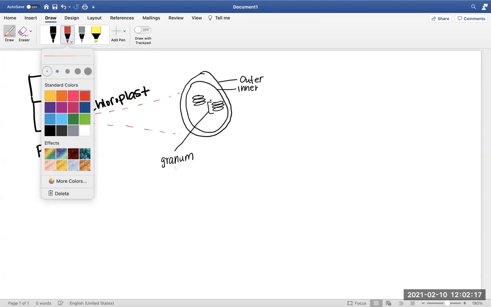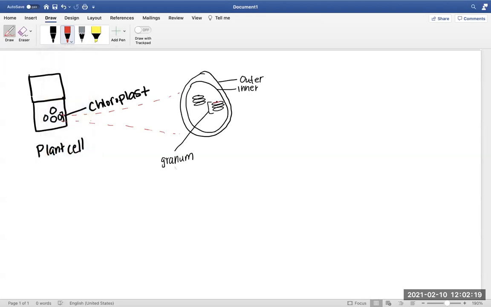Now, if you were to just focus on this part of the granum, or sorry, actually, what is this single one called? Is it the thylakoid? Thylakoid.